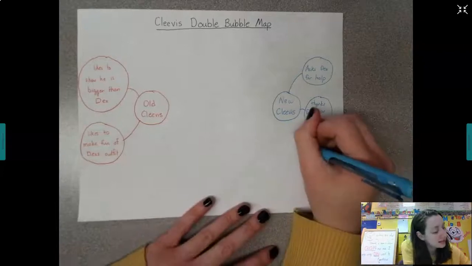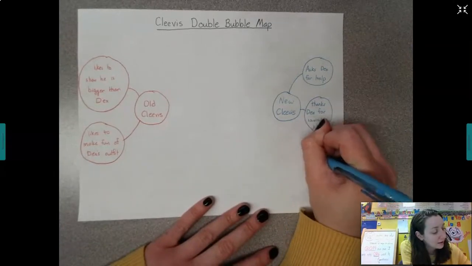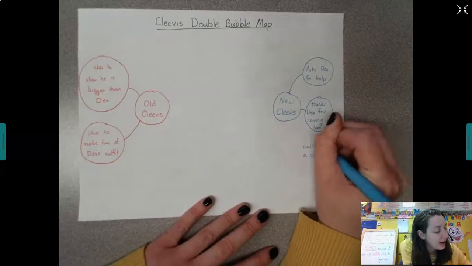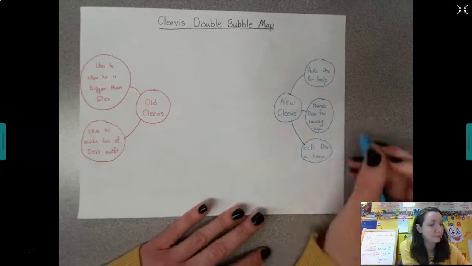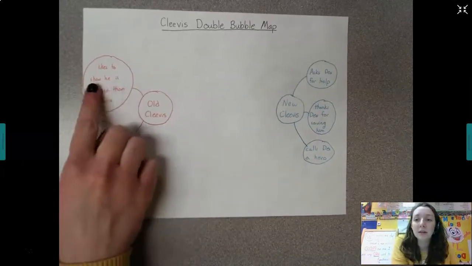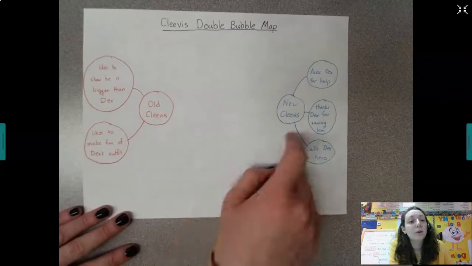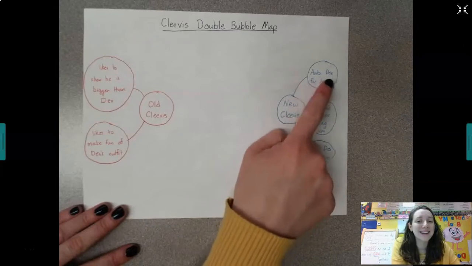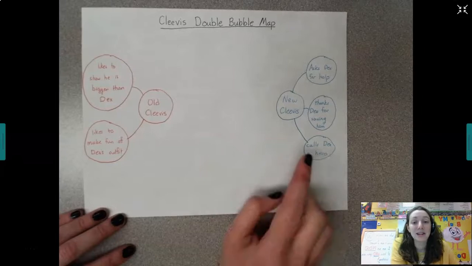And the last thing he does is he calls Dex a hero and wants to join him, right? And that is definitely not something old Clevis would have done. Right? So old Clevis likes to show he's bigger than Dex. He likes to make fun of Dex's outfit. New Clevis asks Dex for help, thanks Dex for saving him, and calls Dex a hero.